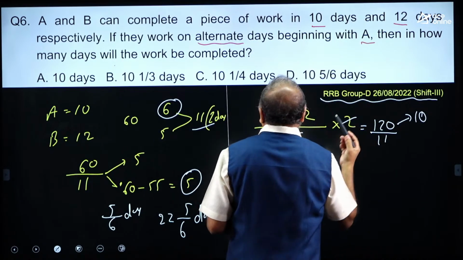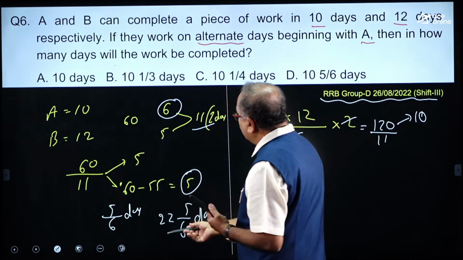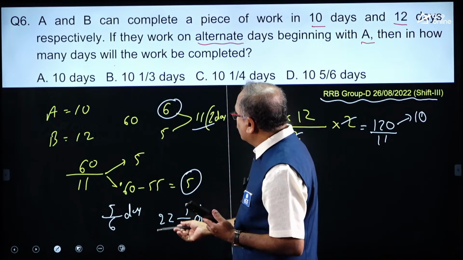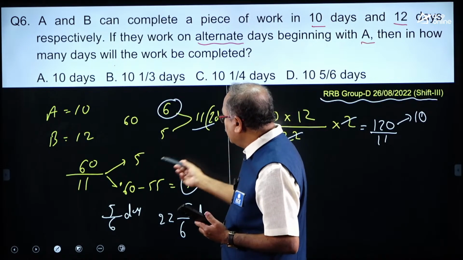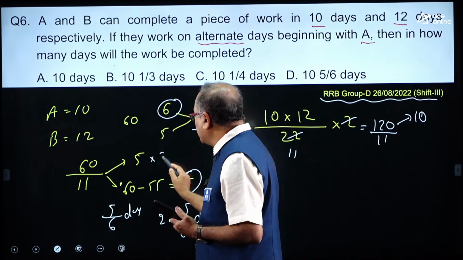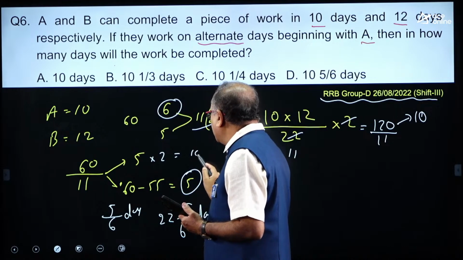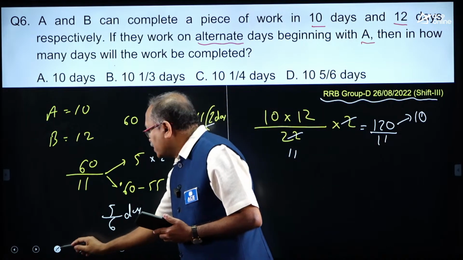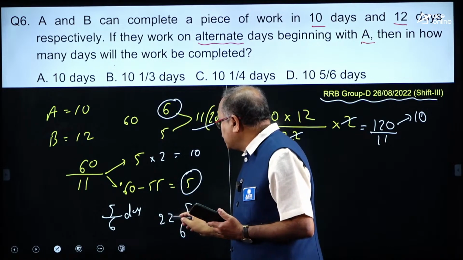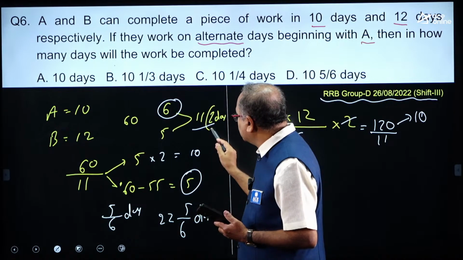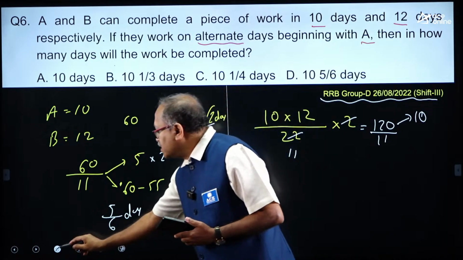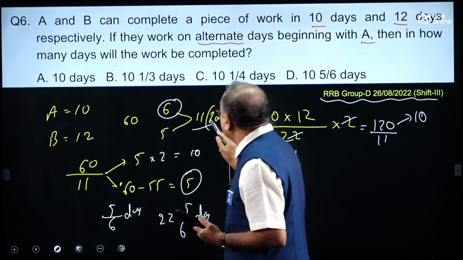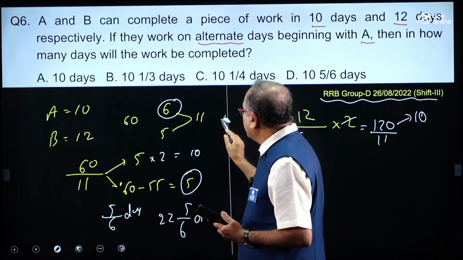Why did I get 22 here? Achha, this is 5. I need to multiply this 5, I am getting 10. So by mistake I multiplied this by 2, not this by 2.